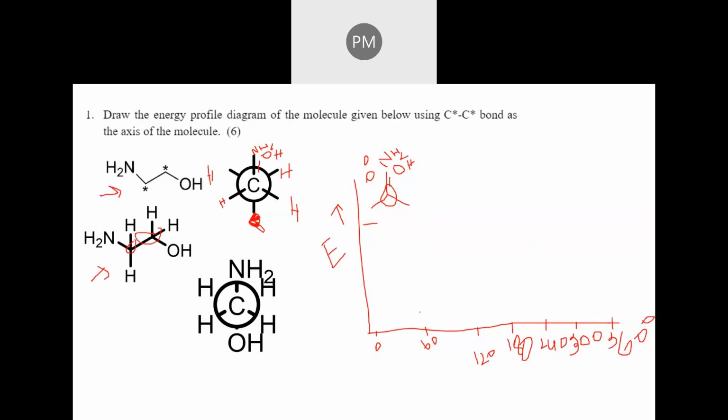So again, when the dihedral angle is 60 degrees, in the respective positions there will be hydrogens like that. I am only looking at the NH2 and OH positions. So at 60 degrees, this will be our position.